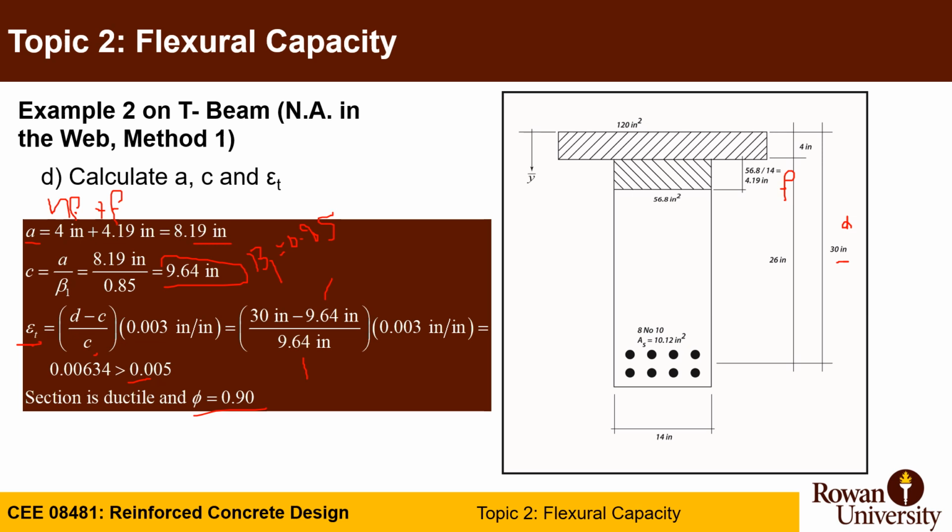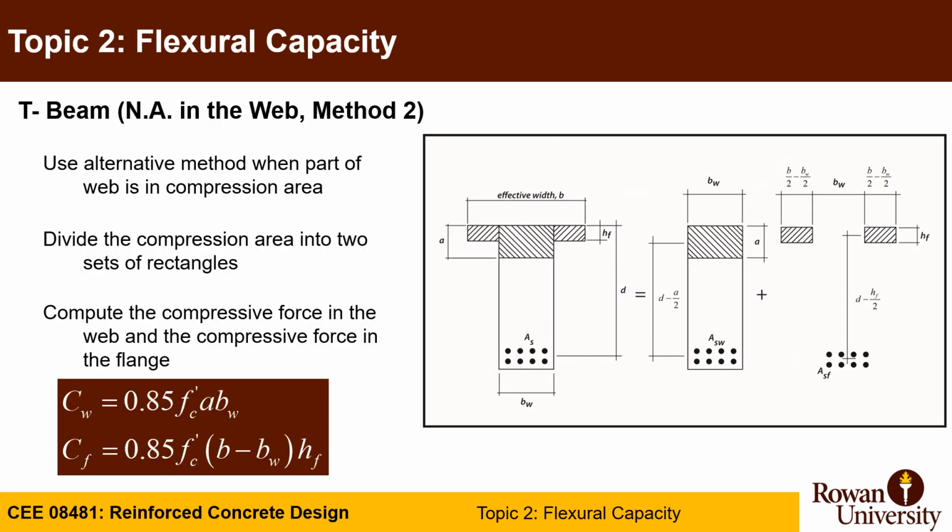Now we need to calculate, for this example, the moment, and the moment will be similar to what we calculated before, except in this case, you will have C1 and C2, C1 plus C2.